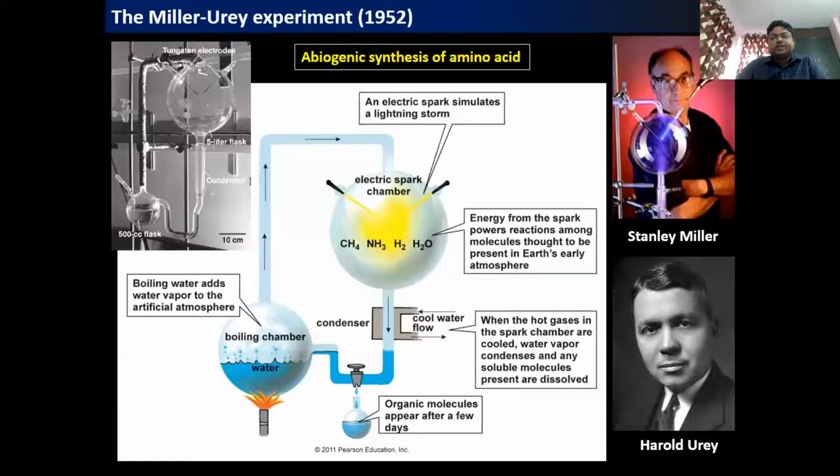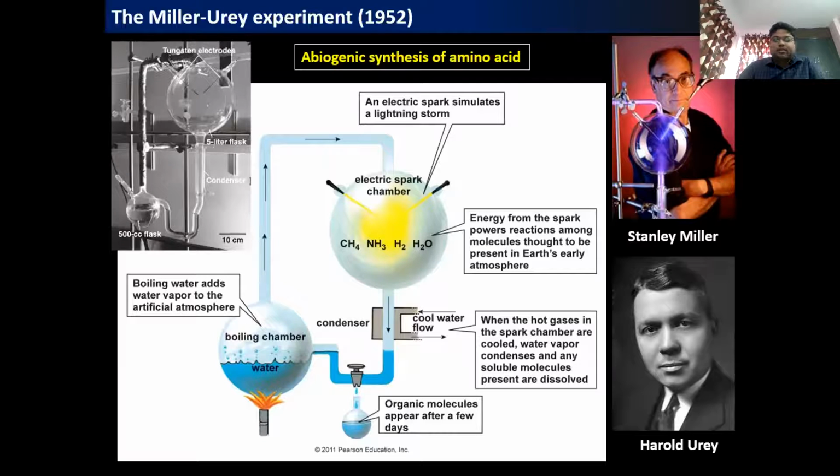They put methane, ammonia, hydrogen, and water. And instead of sunlight as a source of energy, they gave some electric sparks. They ran this experiment for 15 days to a month, and at the end, they collected the reaction products in the small trap at the bottom, which you can see.